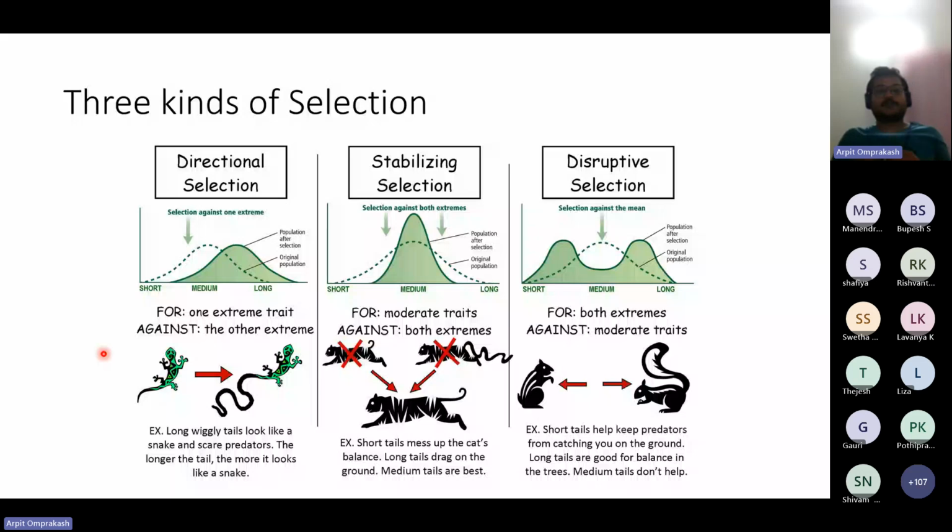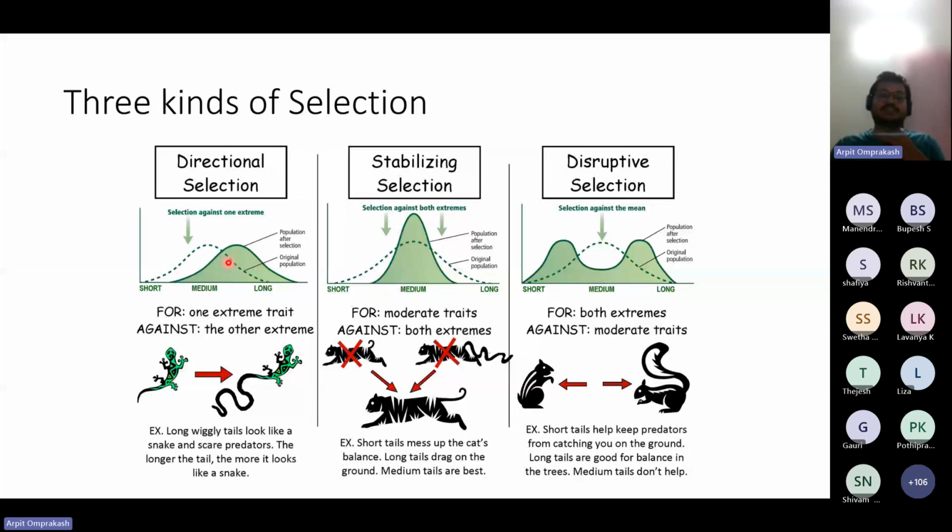So if the tail is longer, it looks more like a snake, and thus individuals that have longer tails tend to survive better, and individuals that have shorter tails don't tend to survive that great. So more individuals that have even longer tails come up, and the individuals which have very short tails tend to die out. And so the whole graph is shifted to the right. This is called directional selection, where the selection is acting to change the mean in one direction.